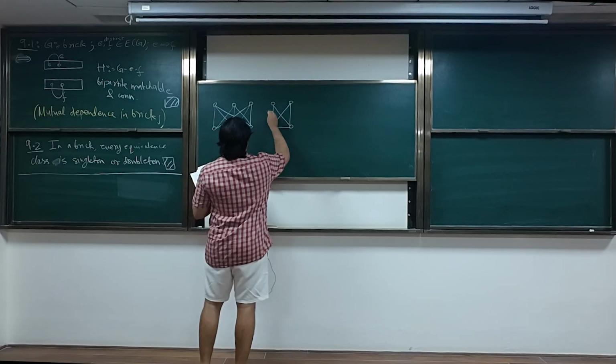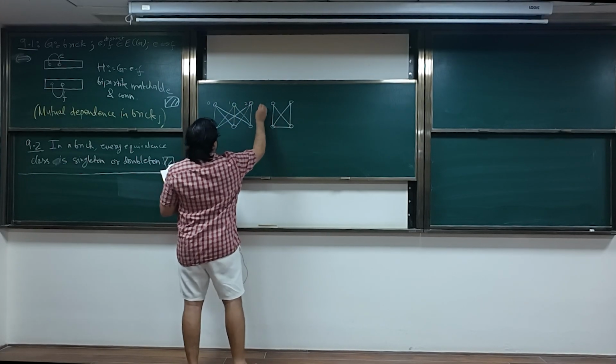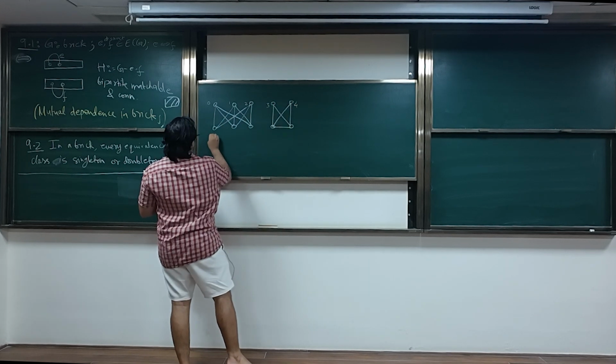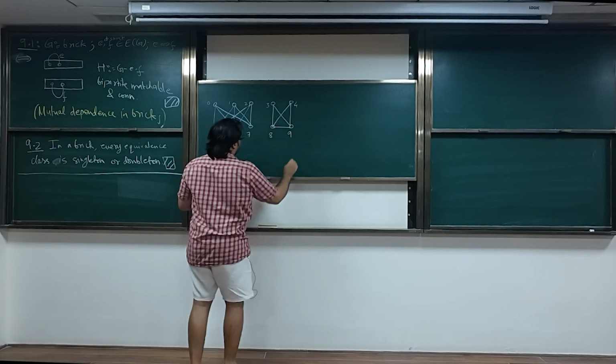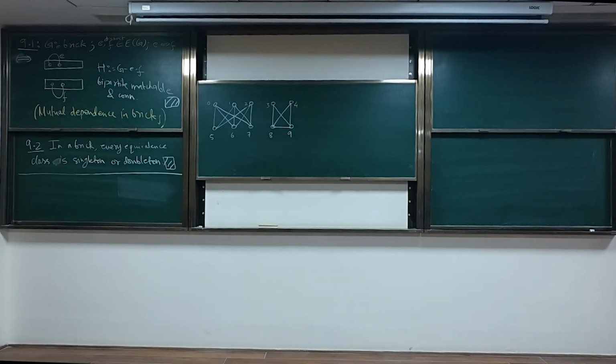We'll label the vertices 0, 1, 2. I'll draw the remaining edges in another color. They are somehow the more interesting edges.